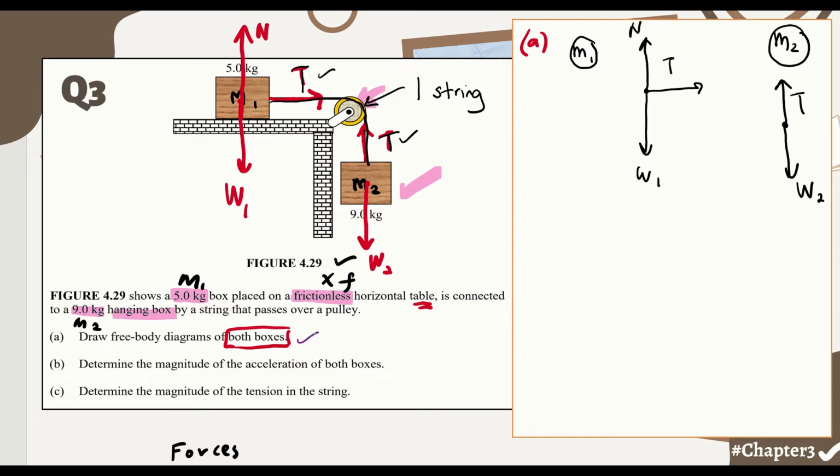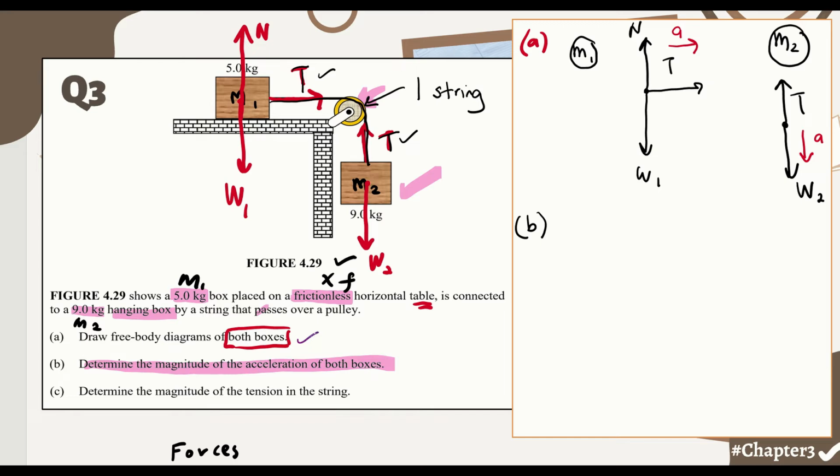Then to solve B, we need to determine the acceleration of both boxes. For the acceleration of both boxes, we need to know the direction of motion. For M1, the motion is to the right, x-axis, and for M2, the motion is downward in the y-axis.